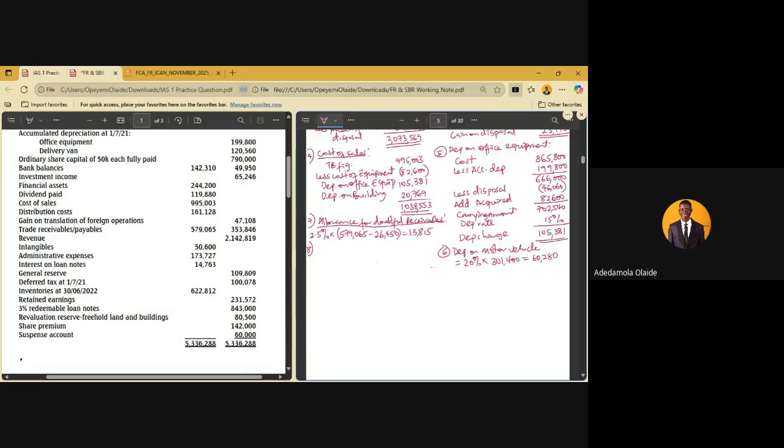While this figure we just calculated is what will go to our SOFP, which will be deducted from our receivables. But if the figure we have in our trial balance is higher than what we have just calculated, then the difference, which is a decrease in it, will go to other income. While the figure we just calculated is what will go to our statement of financial position as reduction to our receivables.